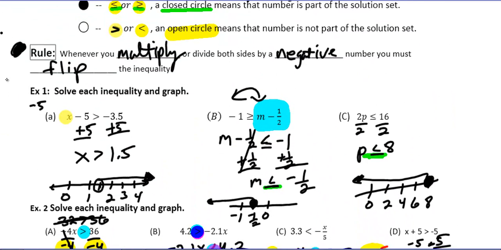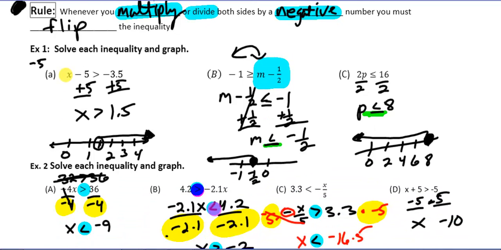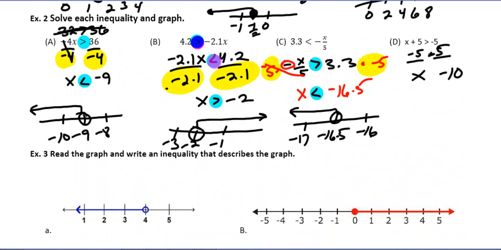It's important to understand that in this rule, the two operations are multiplication and division by a negative number. It mentions nothing about subtraction. So in this case, our sign will not flip. It stays the same. Once again, graphing it on a number line, negative 10 is in between negative 9 and negative 11. We go open circle to the right.